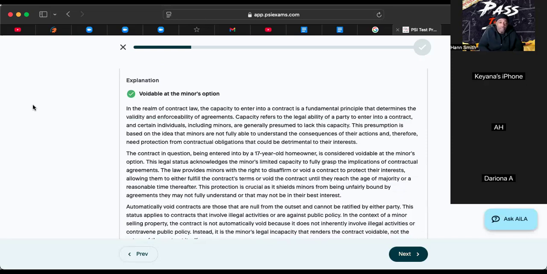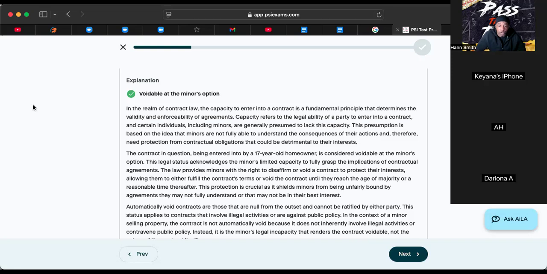The contract in question being entered into by a 17-year-old homeowner is considered voidable at the minor's option. The legal status acknowledges the minor's limited capacity to fully grasp the implications of contractual agreements. The law provides minors with the right to disaffirm or void contracts to protect their interests, allowing them to either fulfill the contract terms or void the contract until they reach the age of majority or a reasonable time thereafter.